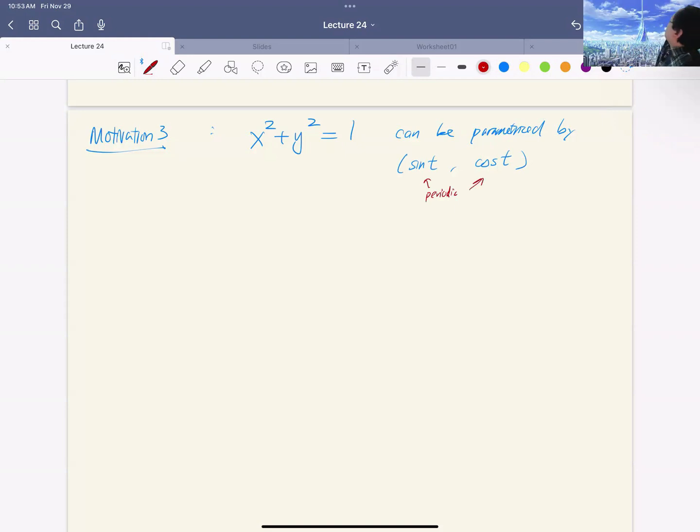And how can we relate this to that arc length problem? Well, of course, when you try to compute the arc length of a circle, you can evaluate the integral directly. So it turns out, for example, you can compute this expression.